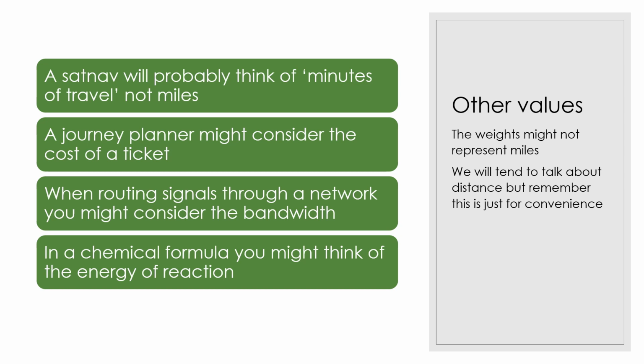But these are just examples. However, I'm now going to just talk about distances and numbers, and just be aware that these numbers can represent all kinds of different things. But an easy way to imagine it is to think about we've got a map and we're looking for the shortest route through the map.